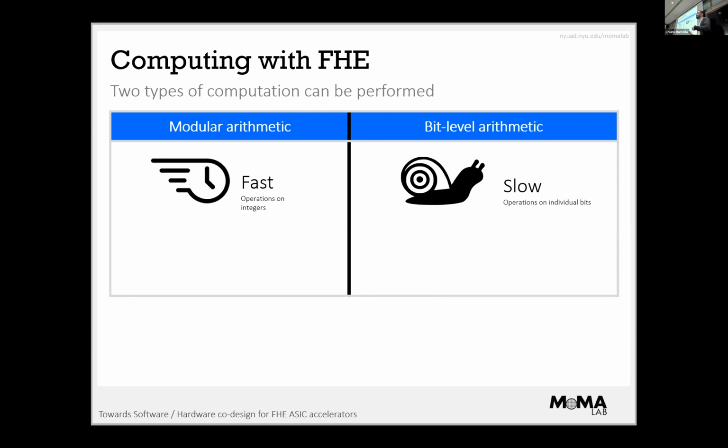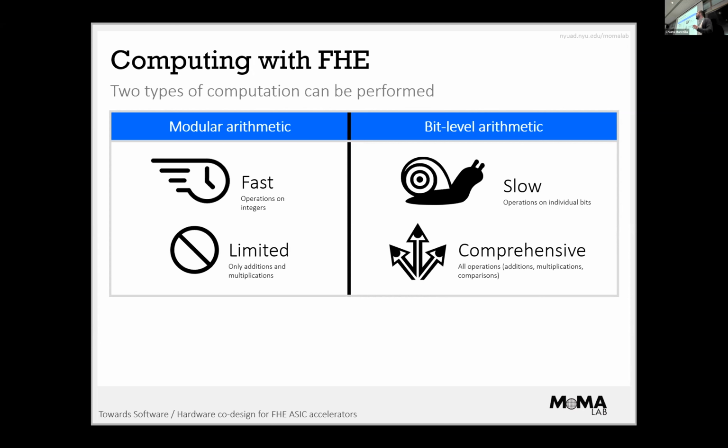Why would the bit level be preferred though? What is the property that makes me have it on the slide? Where is it better than modular arithmetic? It's not a test, I'm trying to engage you. Like my students, right? I know when they're starting to sleep, I have to ask a question. Well, the answer is the expressivity of the computation. With modular arithmetic, you can essentially add and multiply only.